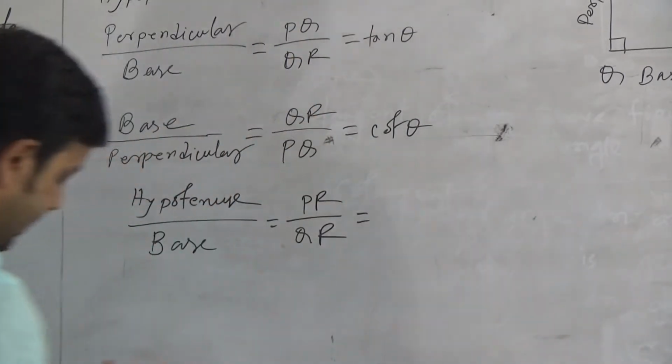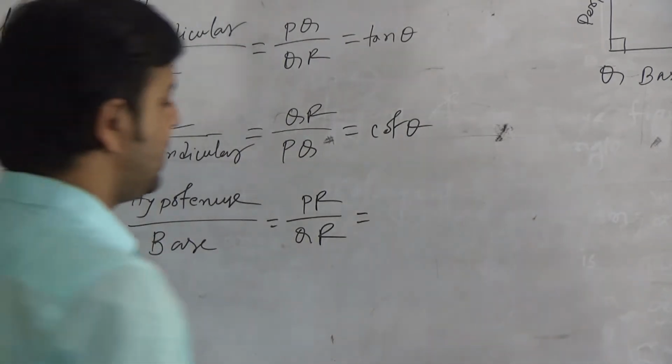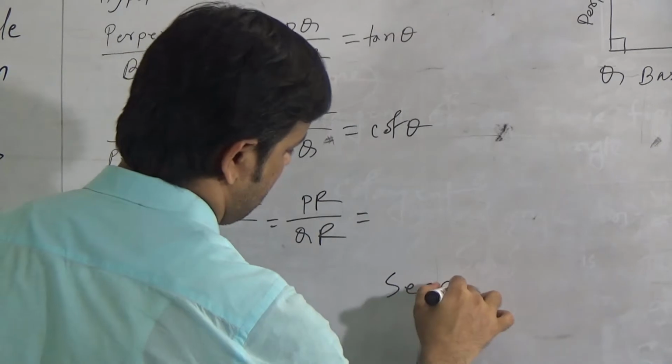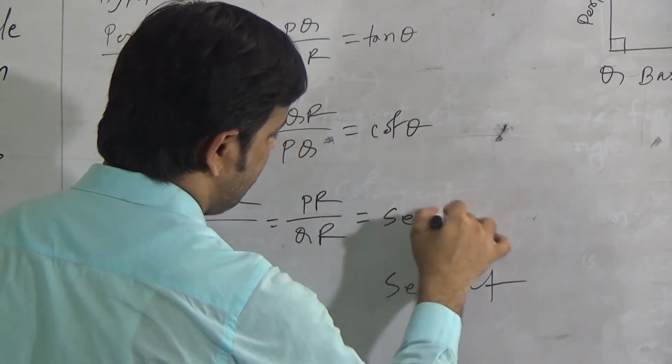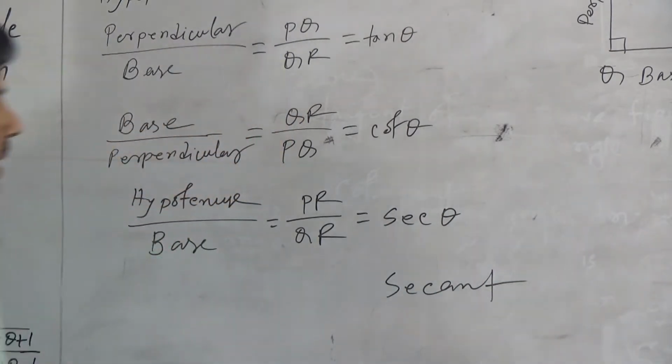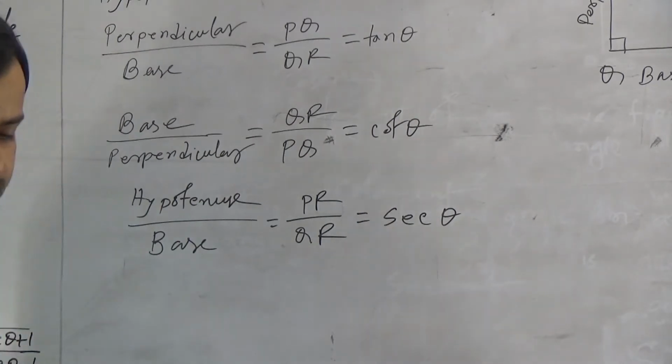This ratio, hypotenuse ratio base, is known as secant of angle theta. In short, we can write sec theta.